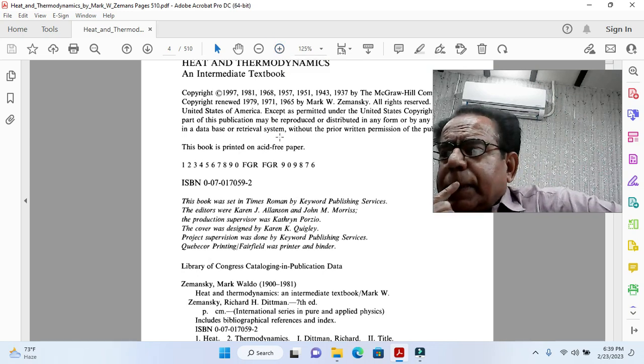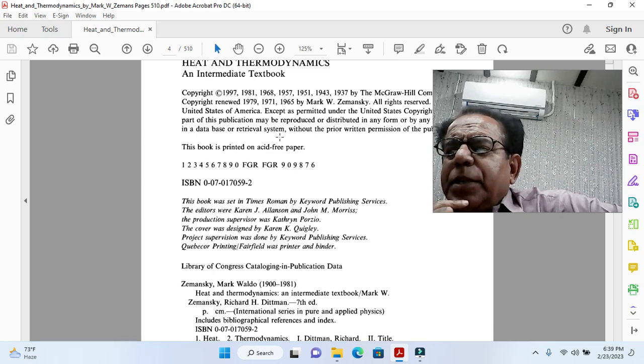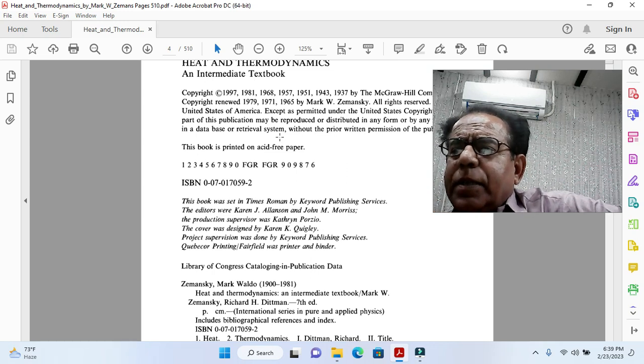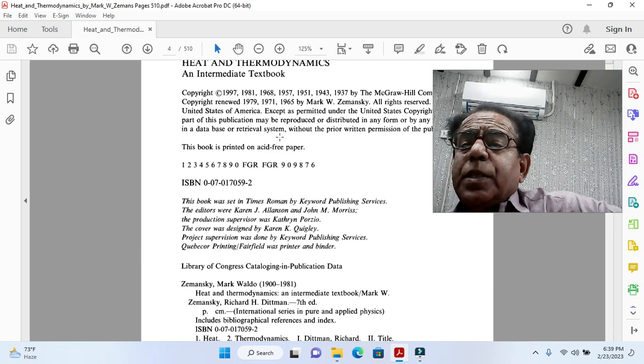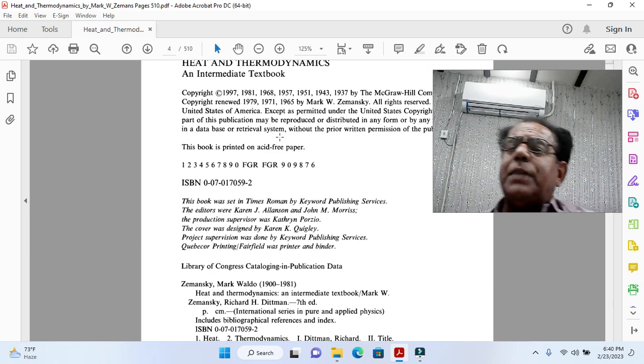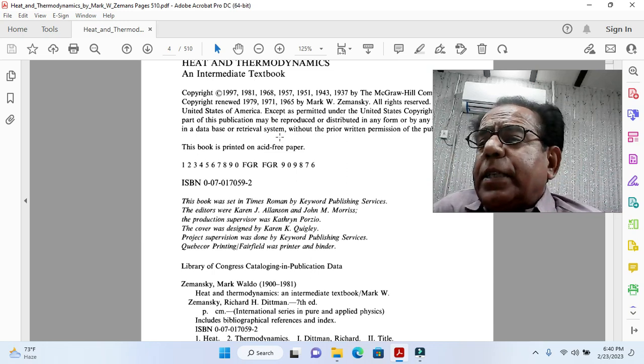Copyright: much information about previous editions. Copyright 1997, then previous edition 1981, then 1968, then 1957, then 1951, then 1943, then 1937.